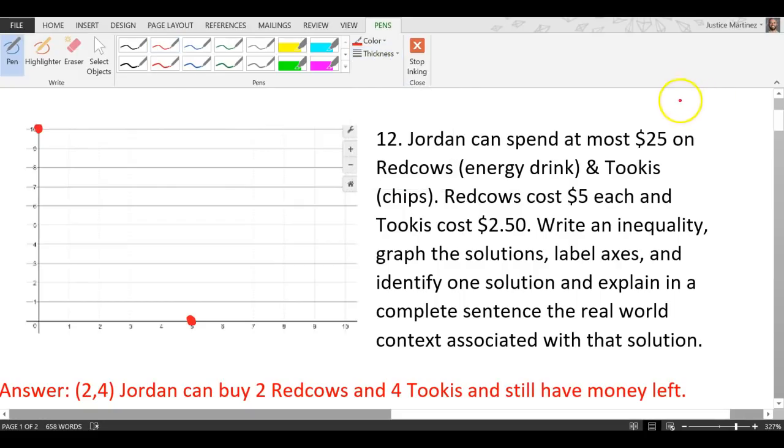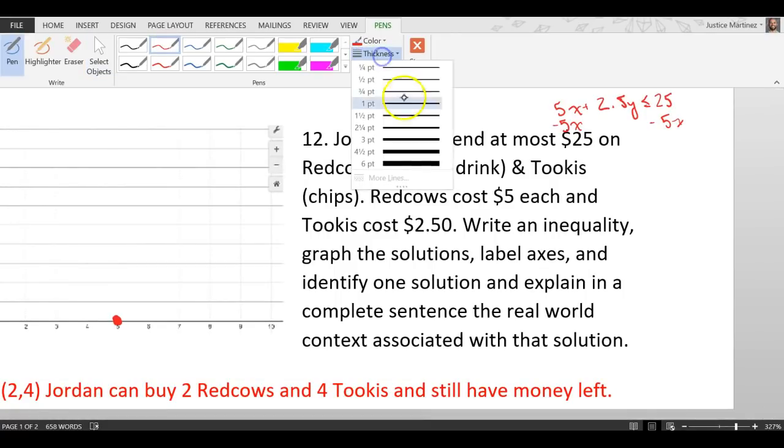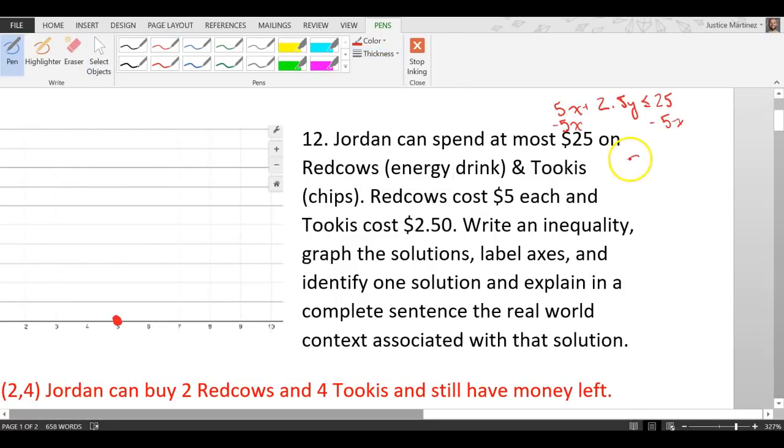So we have 5x plus 2.5y is less than or equal to 25. I subtract 5x from both sides. After subtracting 5x, I'm left with 2.5y is less than or equal to negative 5x plus 25.